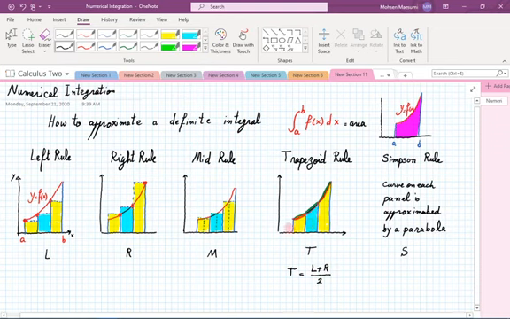There's a slight additional calculation, but in a typical application that is not significant. So trapezoid has essentially the same cost as either left or right, but because we are letting the errors cancel each other out, we do a lot better here.